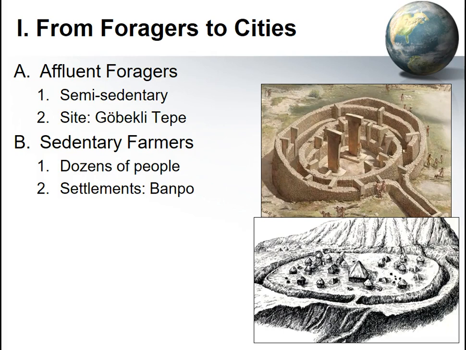And a couple of things you'll note in this image. The smaller structures would have each had a particular family, but there's one large structure in the middle. And we think that was not like the leader's dwelling, that was the meeting place. Most of the early communities of sedentary farmers were led by a council of elders, and so this is likely the place where the whole community would meet.